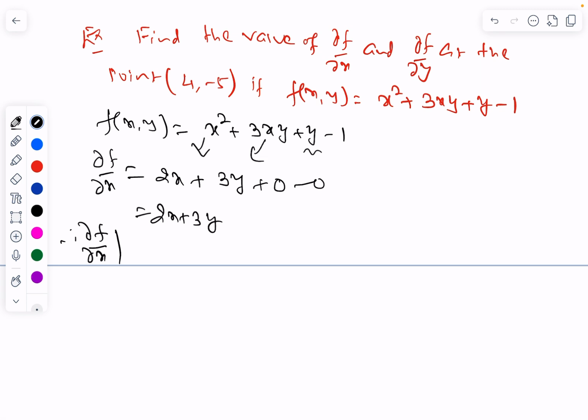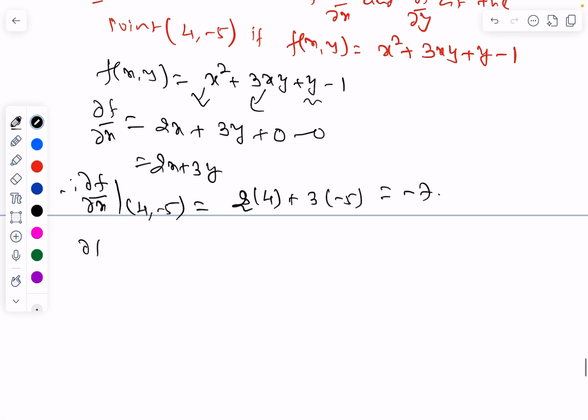And its value at (4, minus pi) is 2 into 4 plus 3 into minus pi. So that is nothing but minus 7.